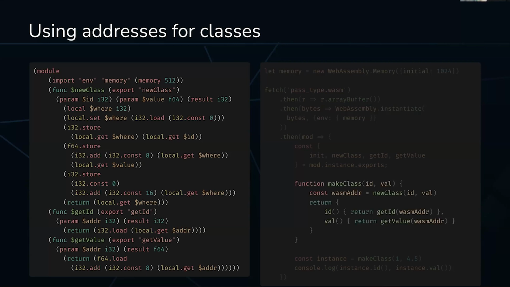Then for niceties, we'll often create a wrapper, and that's what your toolchains are doing behind the scenes, is they're creating a wrapper class to make it look like you're calling JavaScript class methods. And what this will do is this will just manage that address for you and pass it in and out. And then you can call it like you would any other JavaScript class. So that's what's going on behind the scenes for this code.